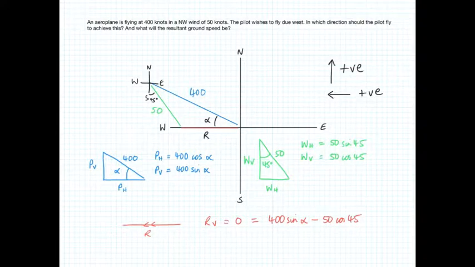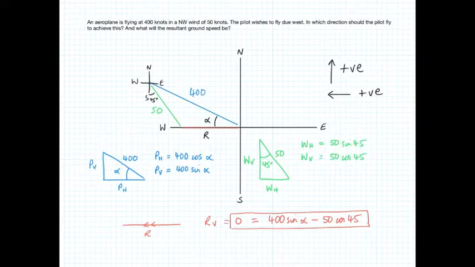So you can see now that we've got an expression formed here. Looking at the vertical, 0 equals 400 sine alpha minus 50 cos 45.